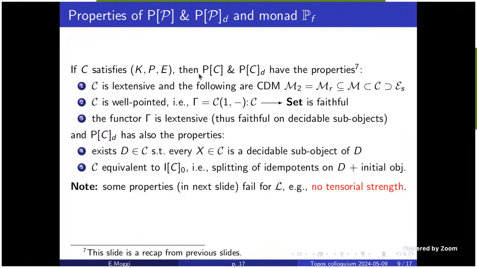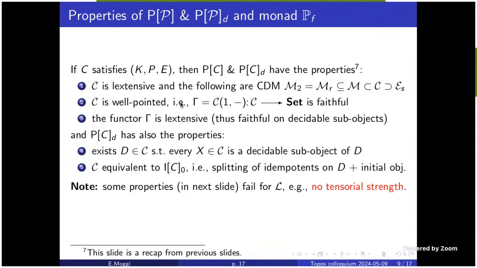So I consider just these two particular categories, the category of predicates over D and the category of decidable predicates over D. They are all extensive, so we have all these classes of display maps.